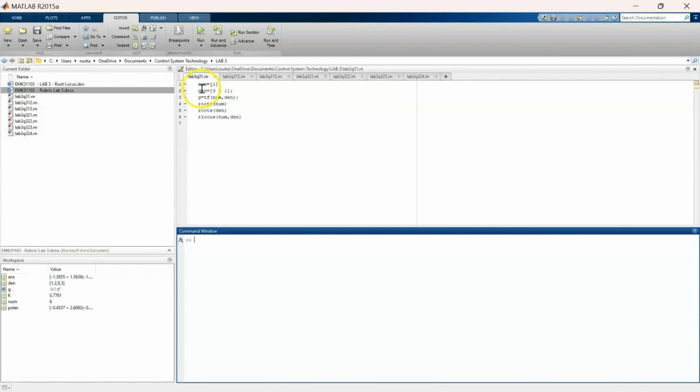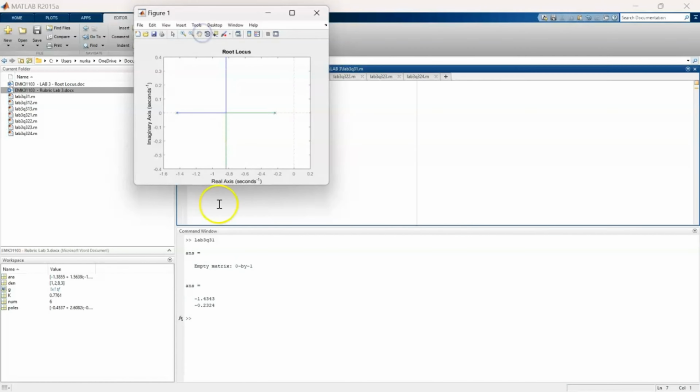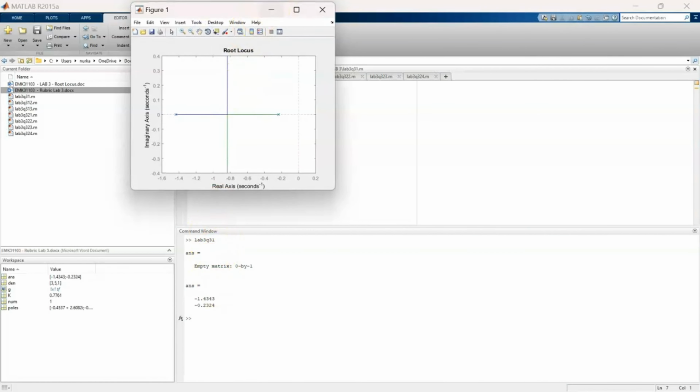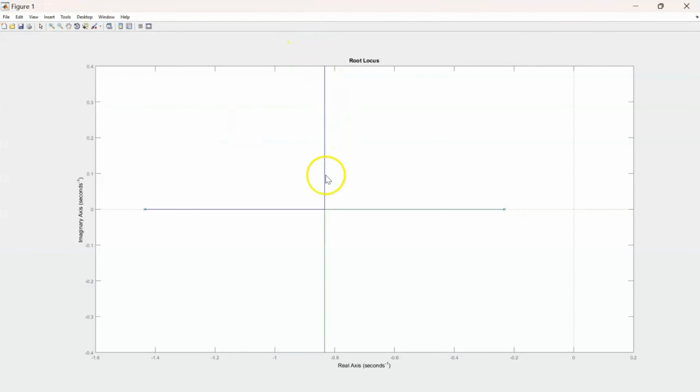Okay, so this is 3.1.1, numerator 1, denominator 351, based on the questions given. Okay, so run, and then okay, this is the graph.